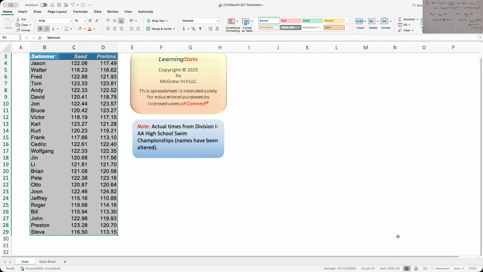Back to the coach's question. Bigger than ½ second. So, my alternate hypothesis should be that the average difference is bigger than 0.5, not 0.